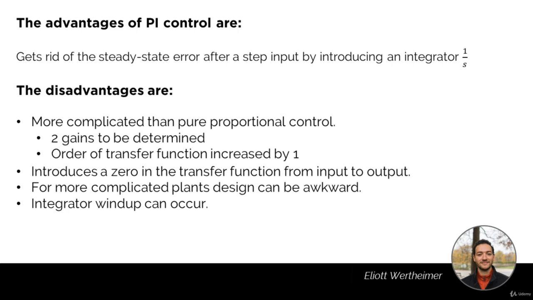It also introduces a zero in the transfer function from input to output, and we just saw that this can lead to overshoots. For more complicated plants, the design of an integrator can be quite awkward and complicated. And finally, integrator windup can occur, but we have just seen that this can quite easily be fixed and avoided.